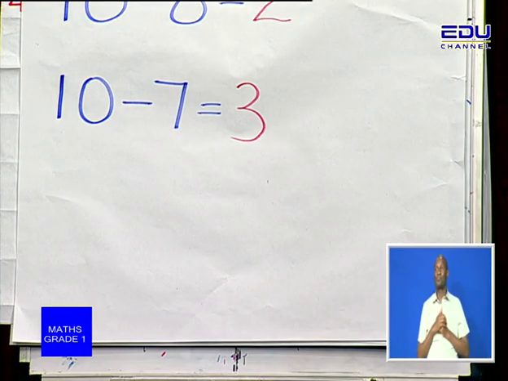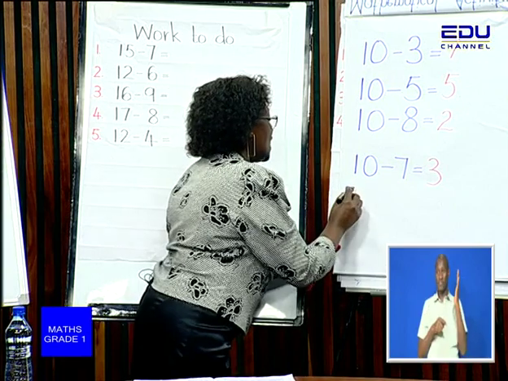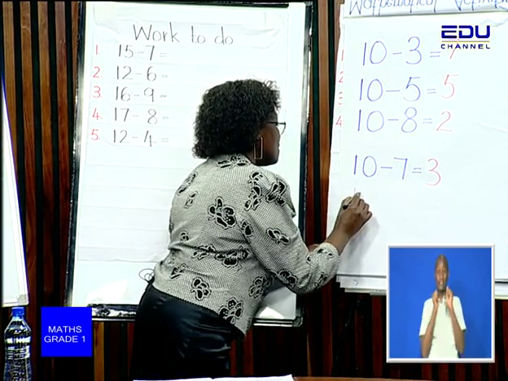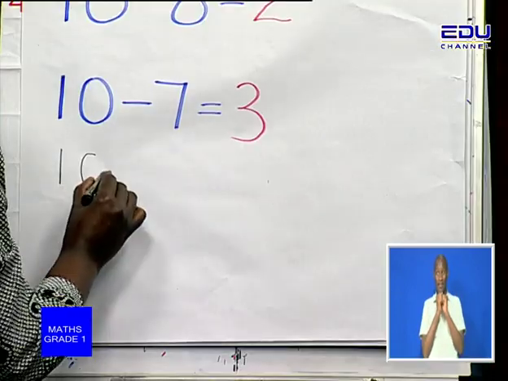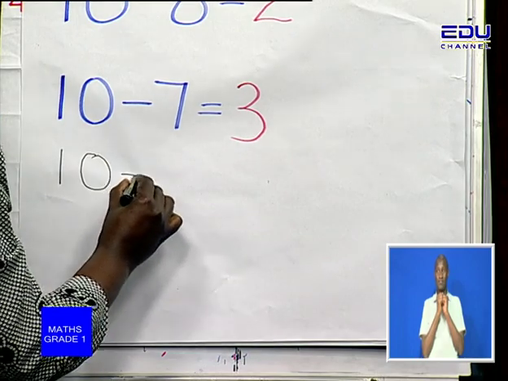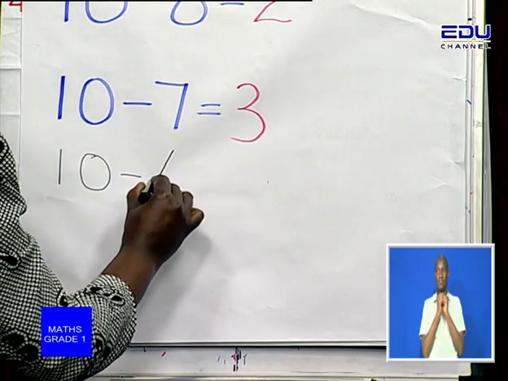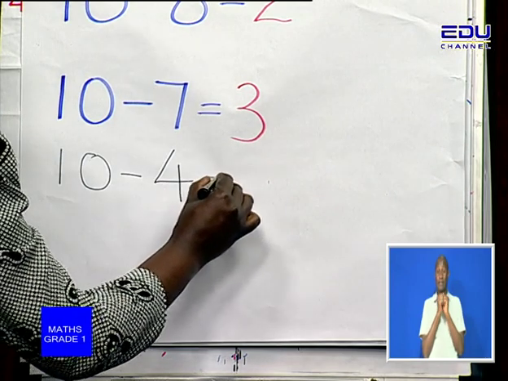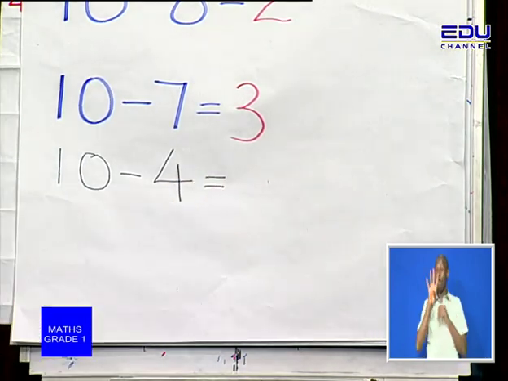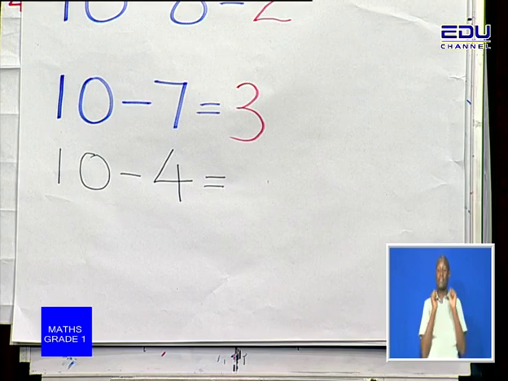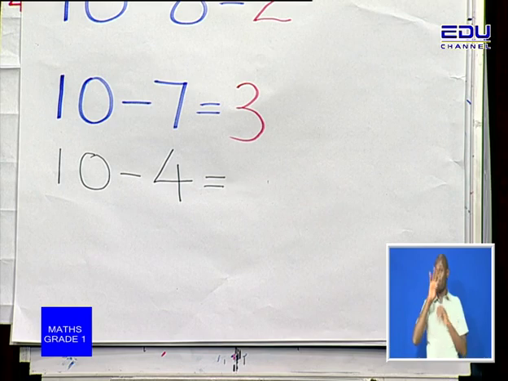Another sum for you. What is 10 take away 4? Try to work out 10 take away 4 by counting backwards.